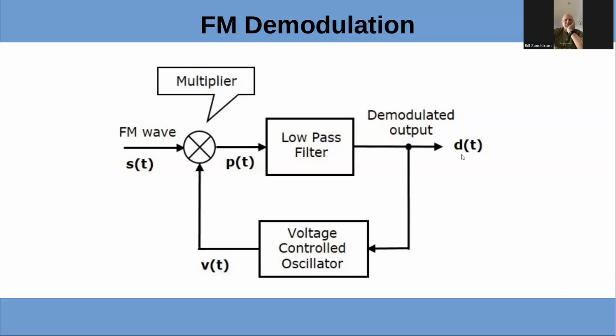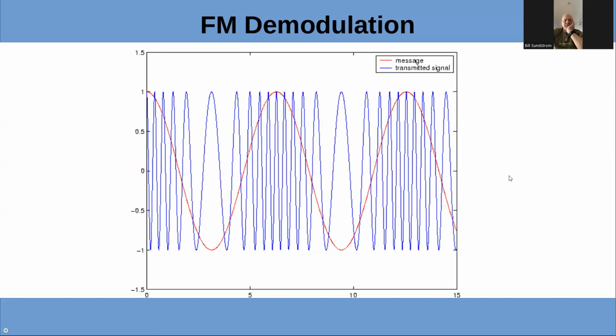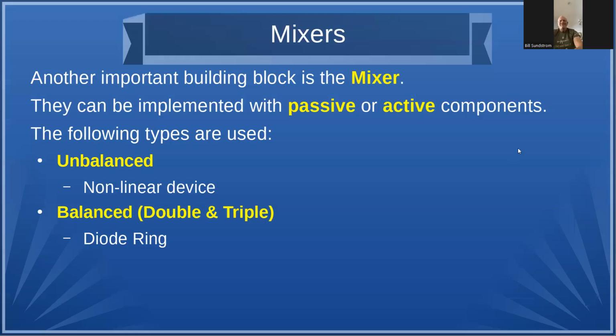So what you're going to see on the output is the modulating signal that's causing the frequency change of the carrier. And this is just showing the demodulation, the result of detecting that frequency change with a circuit like that.